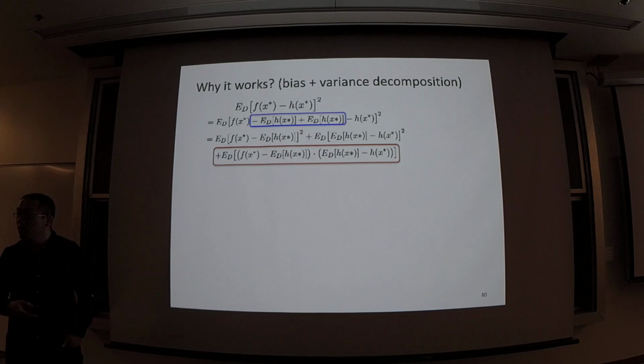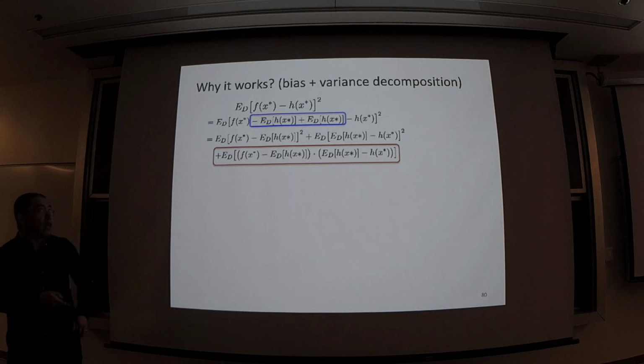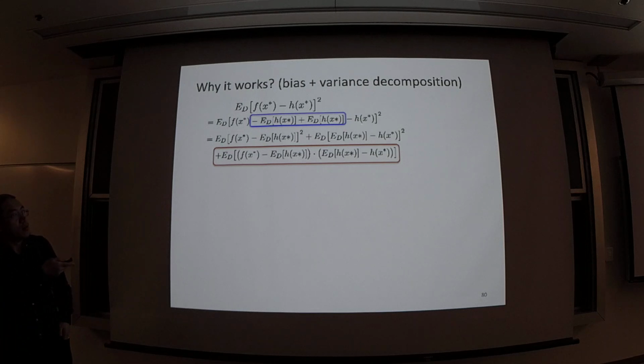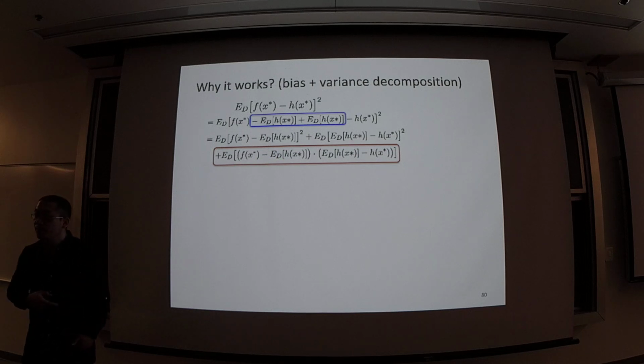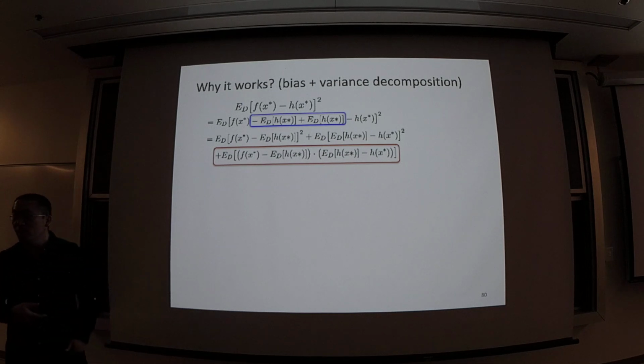Just like expanding (a plus b) squared: you have a square, b square, and the cross term of a and b. Does it make sense? Right. So now let us look at the cross term first. What's the value of this cross term?